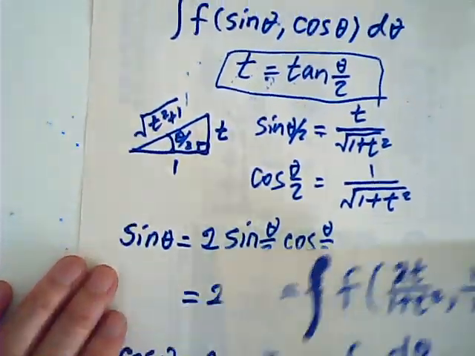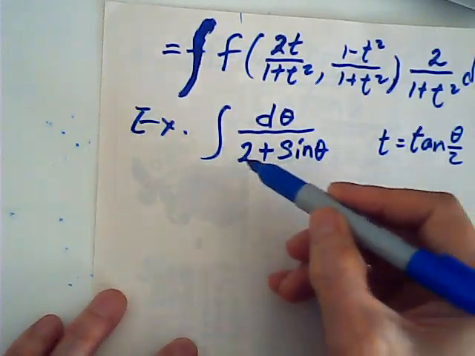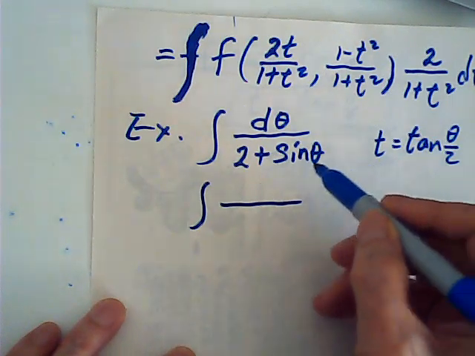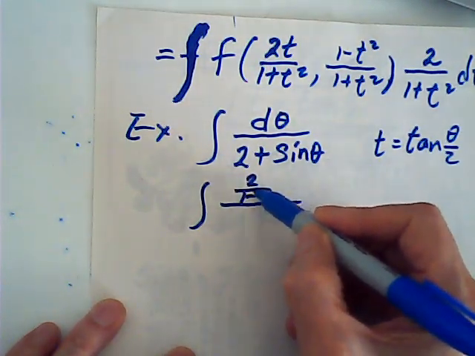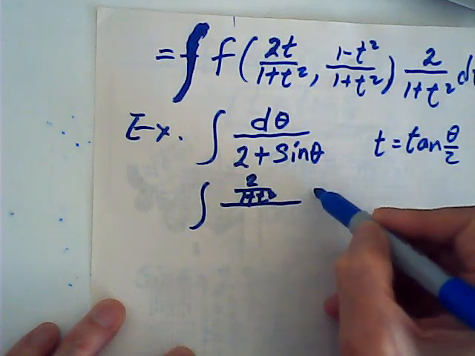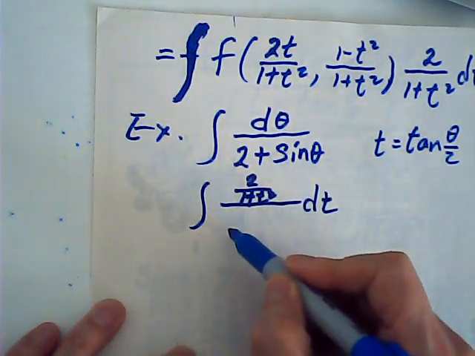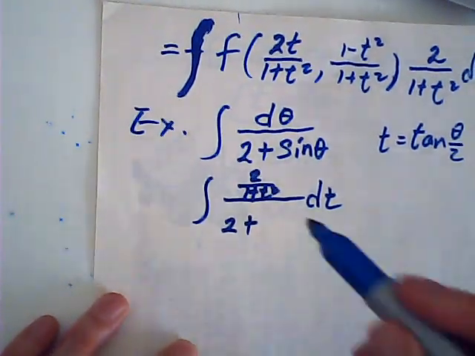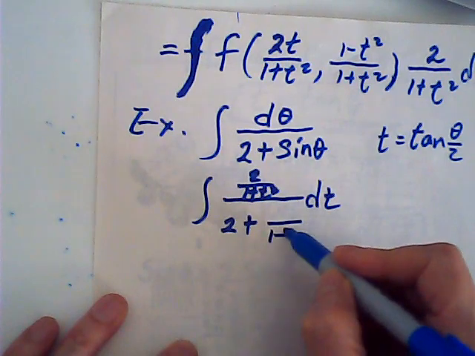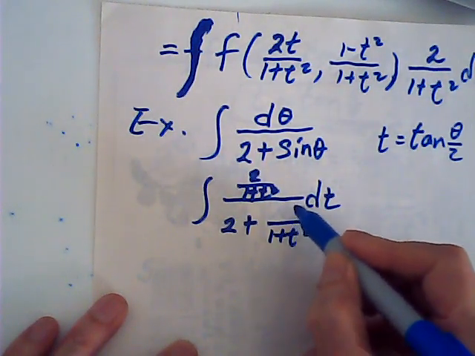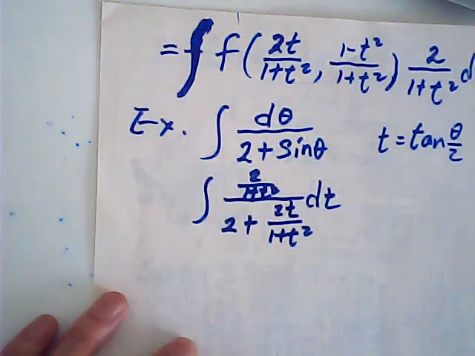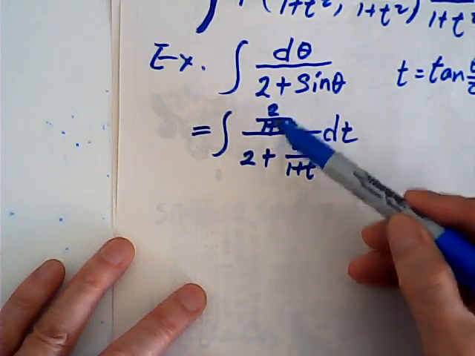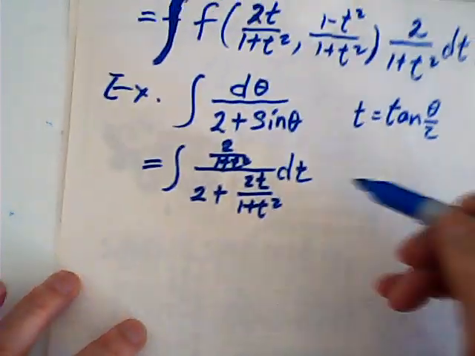Okay. Now this becomes 2 over 1 plus t squared dt. The denominator is 2 plus 2t over 1 plus t squared. You have 2 here, 2 here, and 2 here, which can be cancelled.